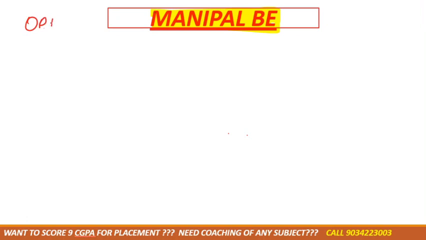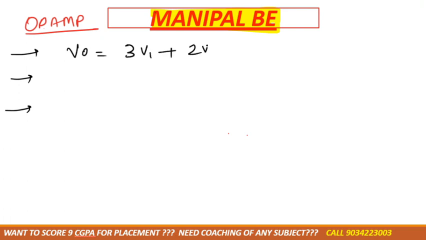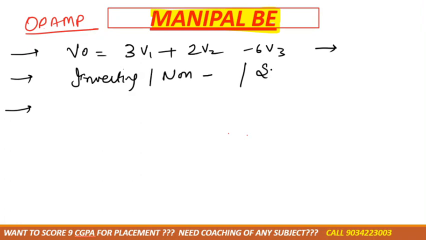Next topic you will get is based on op-amp. In op-amp, I told you, these types of questions come. Either they'll give you an expression like Vo is equal to V1 plus V2 minus 6V3 and you have to draw the op-amp circuit, or you will get a question on the expression or derivation of either the inverting amplifier, non-inverting amplifier, or summing amplifier.